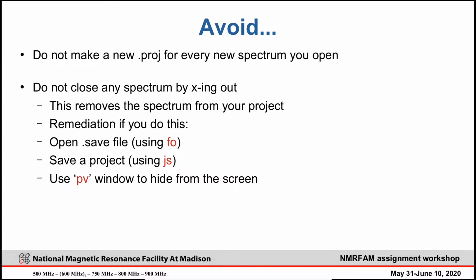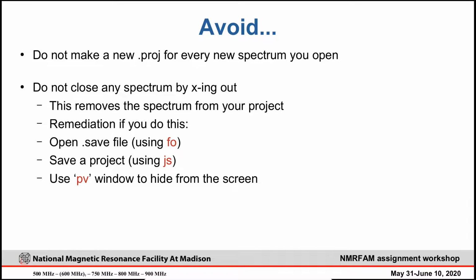When you generate a project file, you don't really need to make a new project every time. So every time you introduce new experiment into your project, you don't have to make a new project file every time. You just stick with the same project file.